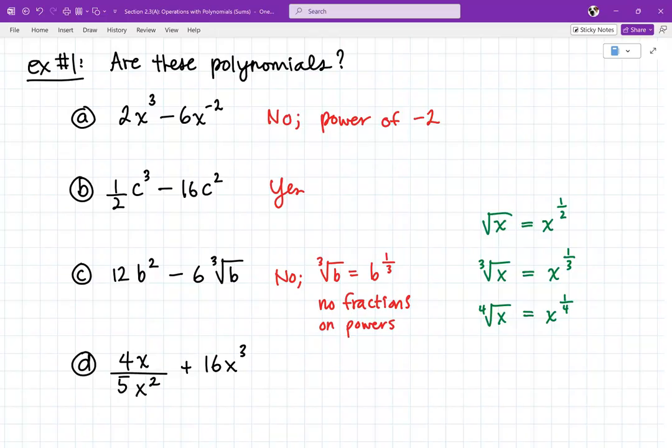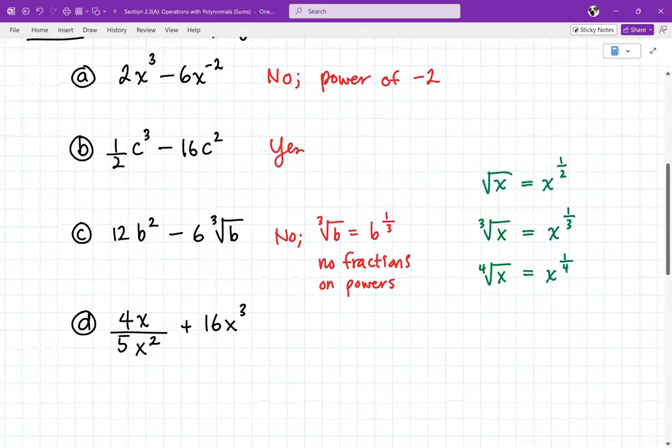Okay? And then this last one. And you might be able to do this one pretty quickly. Yes or no for D? No, right? And what's the problem with it? Where is it located? Is it, well, the fraction, right? But to be more specific, the fact that there's a power on the bottom, x squared on the bottom, really means it's a negative, right?